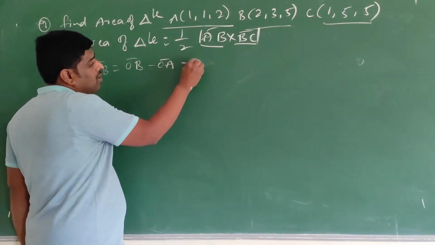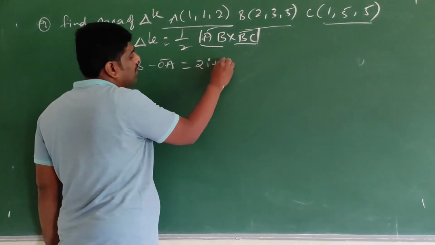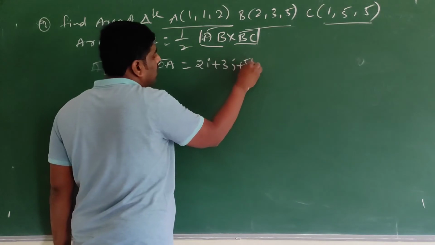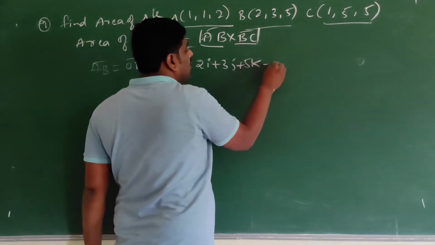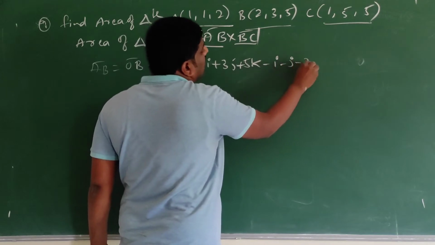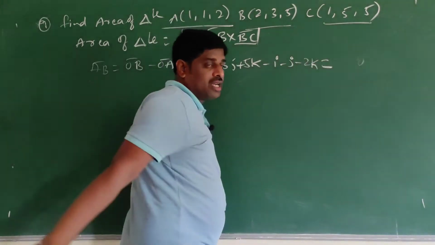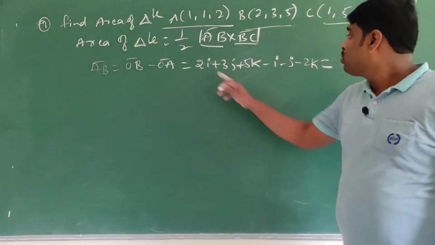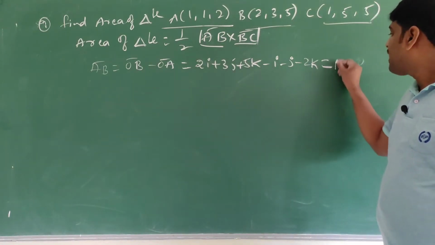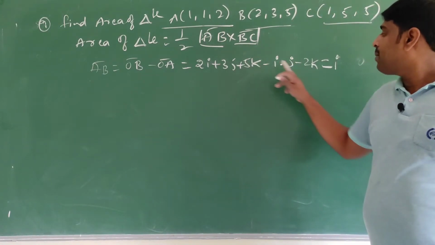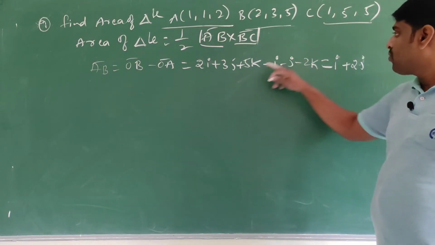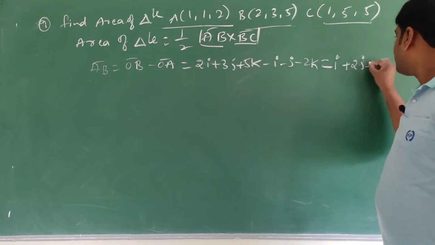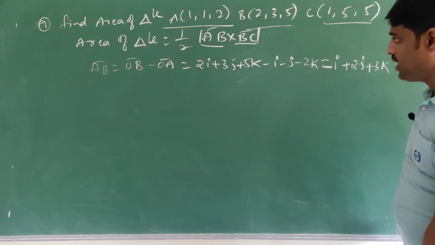OB bar is 2i cap plus 3j cap plus 5k cap, minus OA bar, which is i cap plus j cap plus 2k cap. That is 2i minus i is i, 3j minus j is plus 2j, 5k minus 2k is plus 3k.